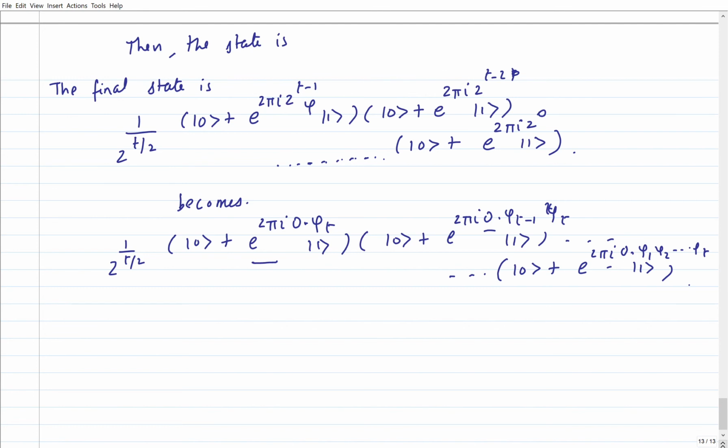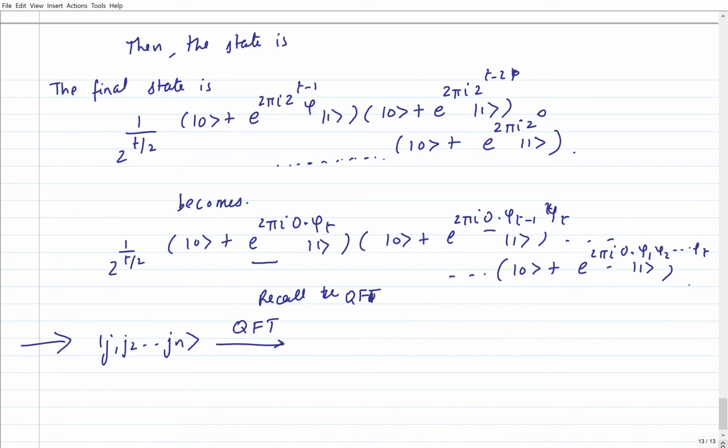And now at this point, let's recall the quantum Fourier transformation. What is it doing? It is taking a state, which we saw in the previous lecture.